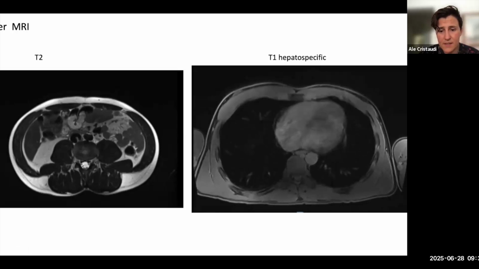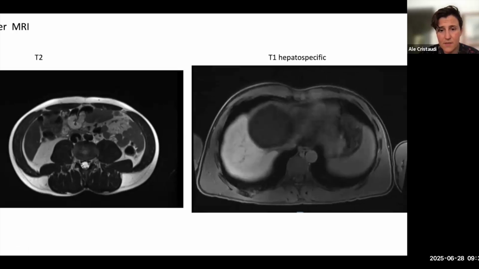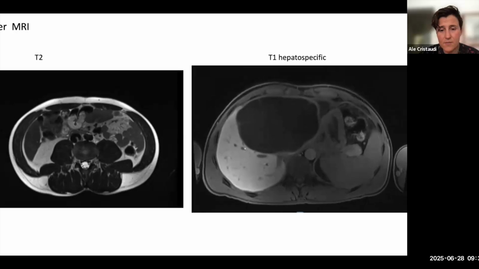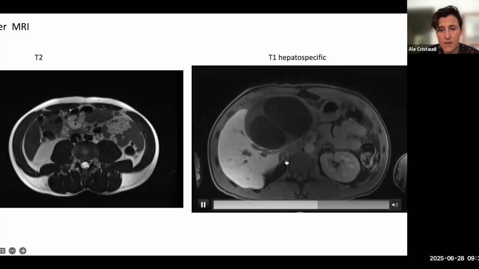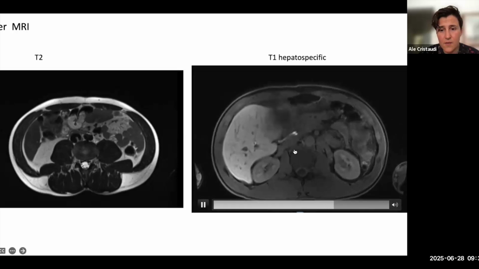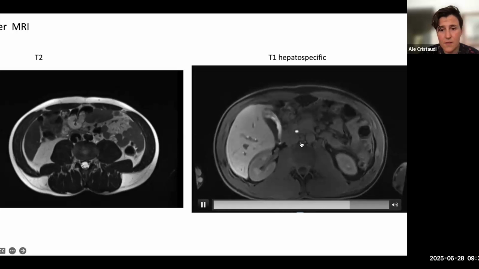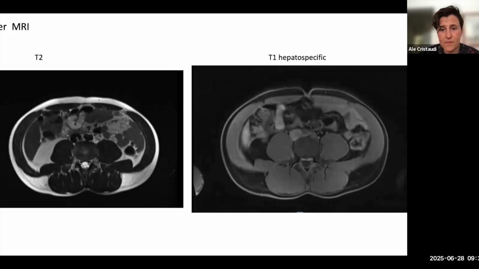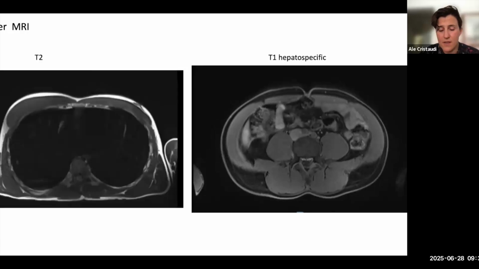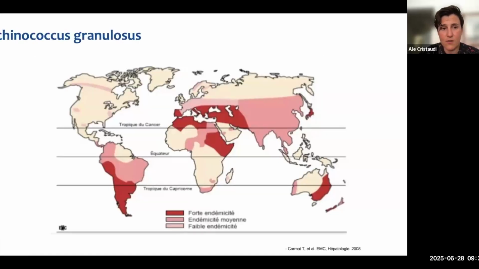I will show it again. So after this workup, he started albendazole, and we were called.